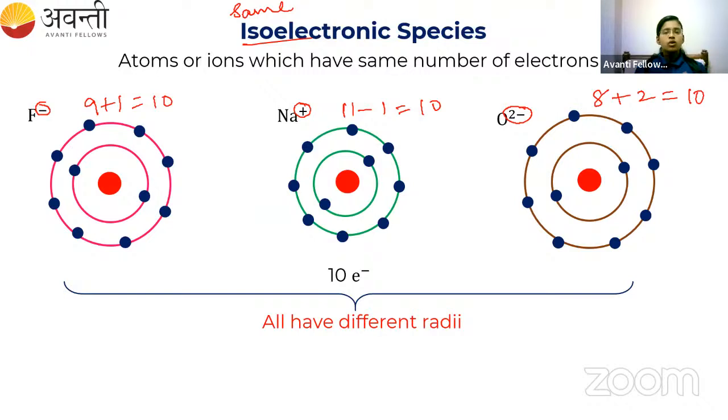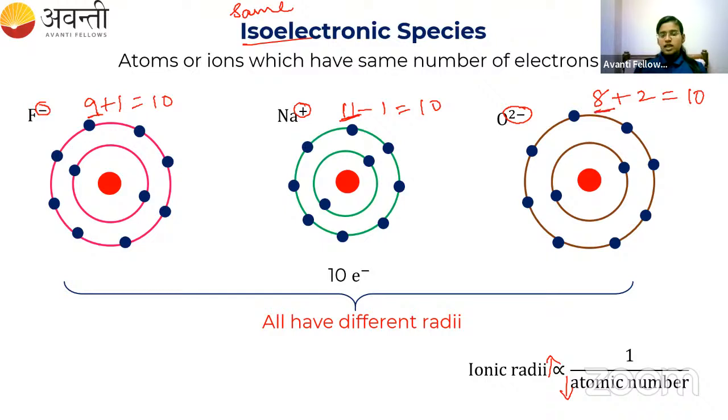Now, how to find out which species will have the highest radius? I'll give you one relation. Using that relation, you can find out. The relation is that ionic radii is inversely proportional to atomic number. So, the one which has the least atomic number will have the highest radius value. For fluorine, the atomic number is 9, for sodium it is 11, and for oxygen it is 8.